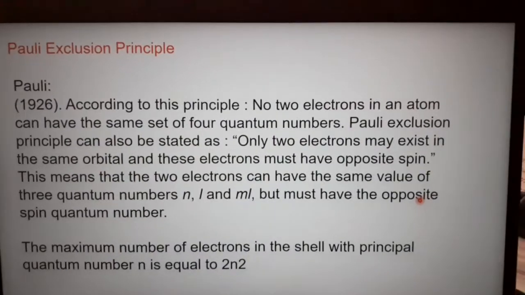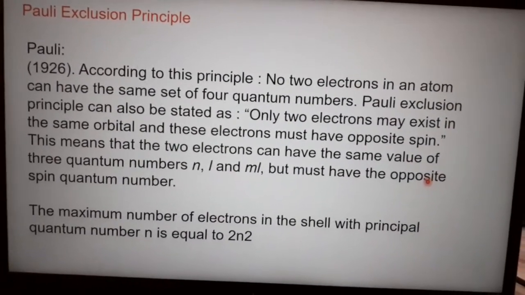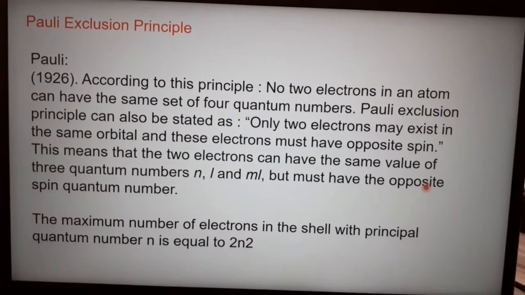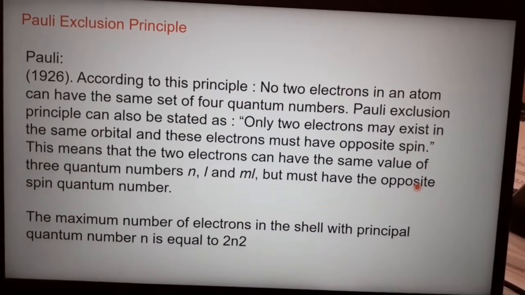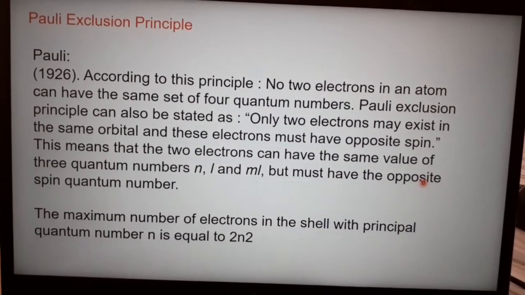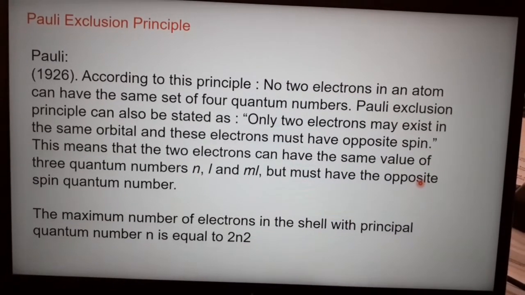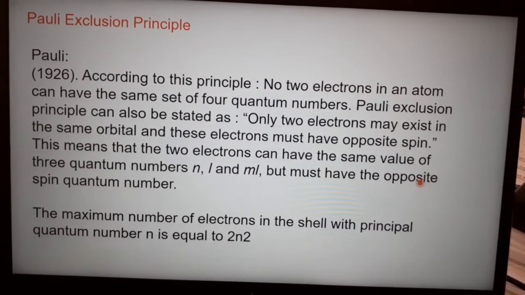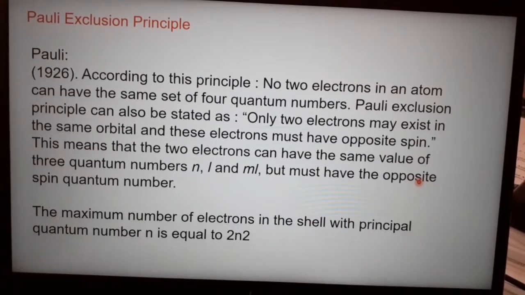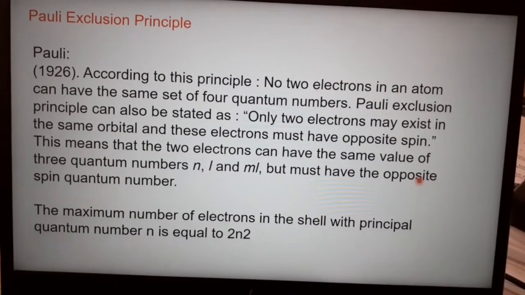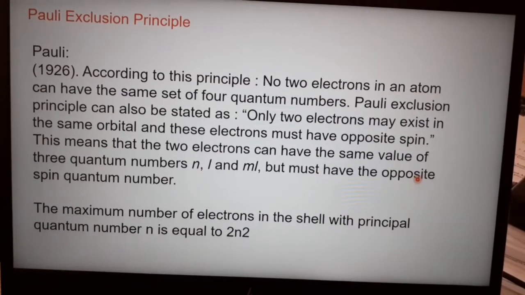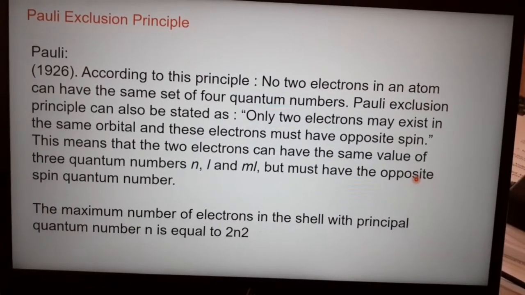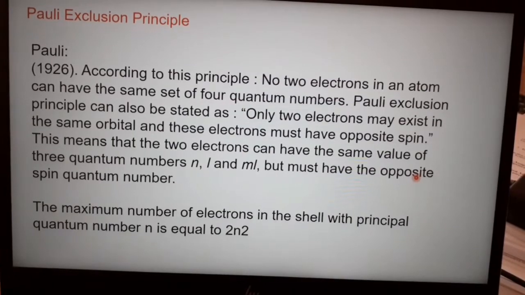Next I will discuss the Pauli exclusion principle. According to this principle, no two electrons in an atom can have the same set of four quantum numbers, right? The Pauli exclusion principle can also be stated as: only two electrons may exist in the same orbital, and these electrons must have opposite spin.